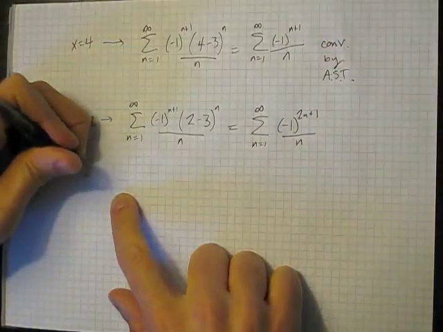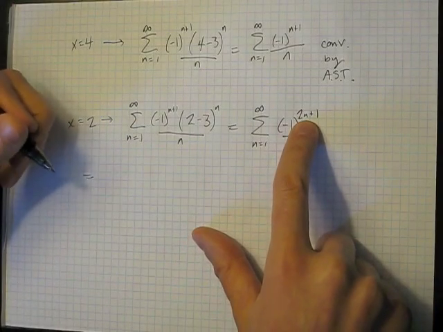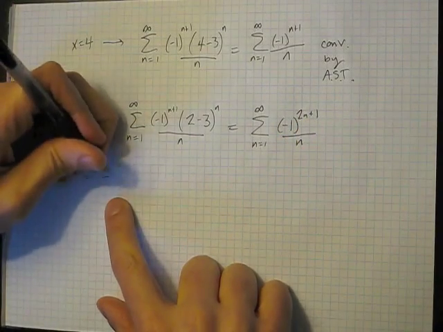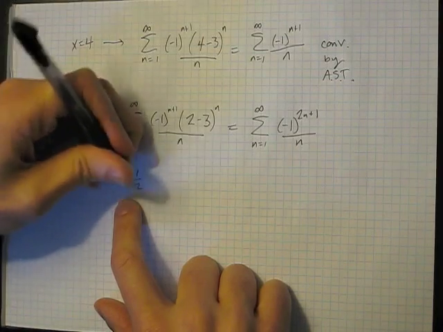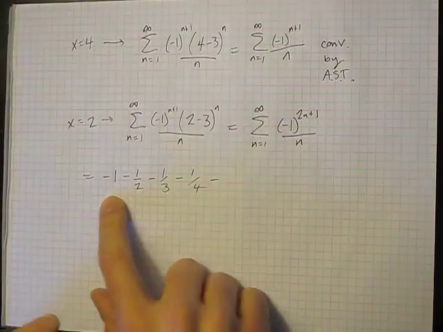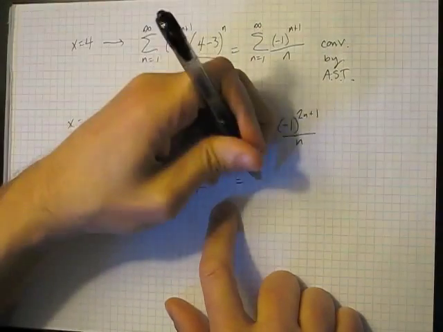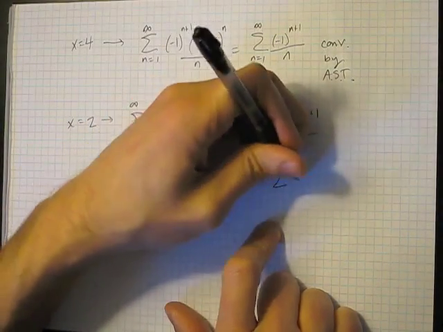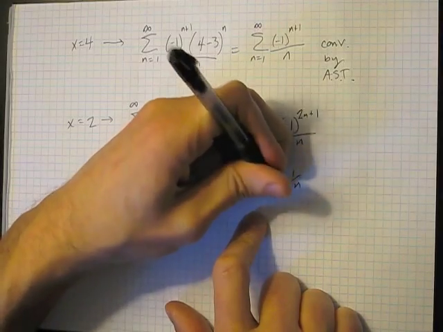What does this look like? This is always an odd number now, so our sum is minus this whole thing, which is minus times 1 over n.